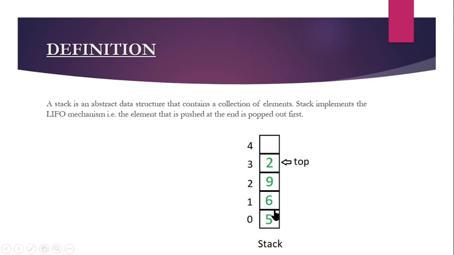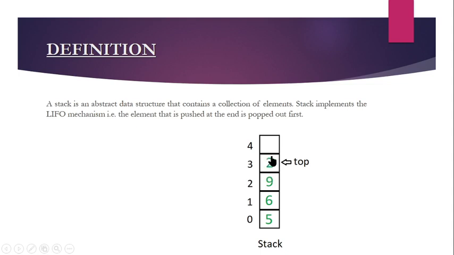Once you want to insert any element, most important thing, you have to increment the top first. Use top plus plus or top equal to top plus 1. Use any command. Make sure you are incrementing the top and then you have to insert the value. Again, if you want to insert 6, increment the top and then insert the value. Likewise, increment to 2 and then 9, increment to 3 and then 2.